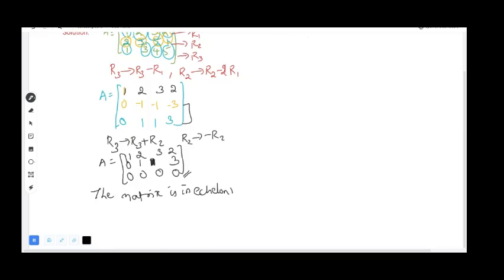The number of non-zero rows are 2, so the rank is 2. Therefore, rank of A will be 2.